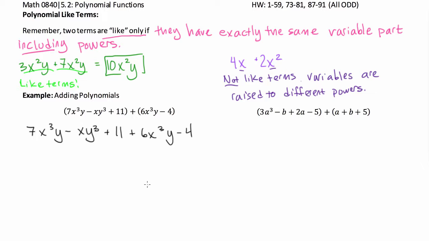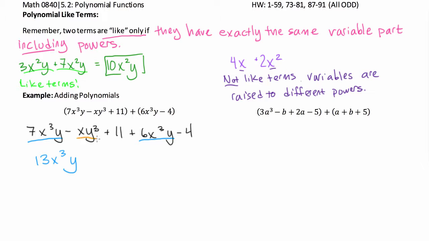And now what I want to do is look through here and try to identify as many like terms as I can. So here I have 7x cubed y. Do I have any other? Yeah. Here I have 6x cubed y. So I can take my 7x cubed y and my 6x cubed y, add those together, and I get 13x cubed y.